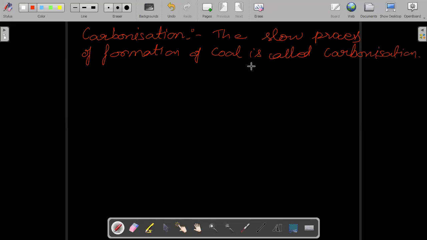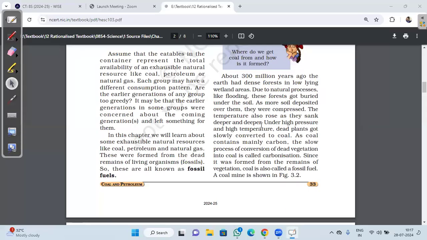Carbonization means formation of coal. So now everyone remembers and will be able to tell how the coal was formed.